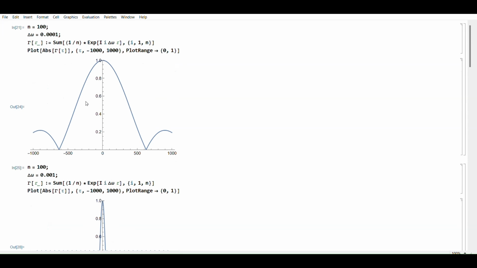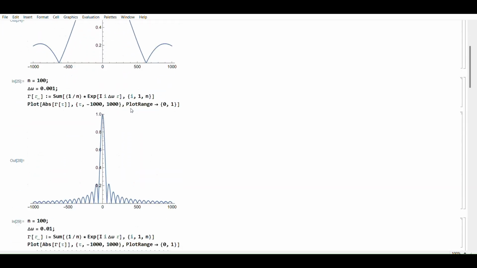So here the width is about, let's say, from about minus 500 to plus 500 of the central peak, and here maybe it's about from minus 80 to plus 80, so to say.